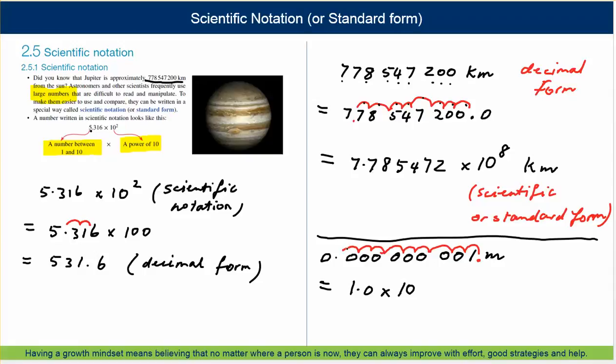We need now to divide to get this number back to the original number. Essentially, we have to divide by 1 billion. So in scientific notation, essentially we have 1 times 1 on 1 billion.